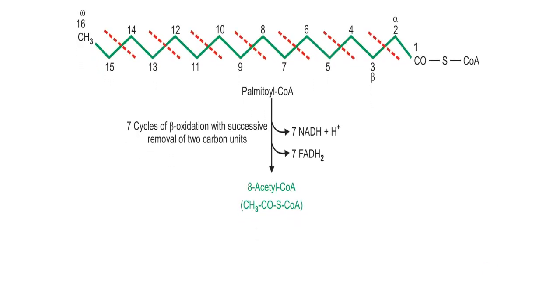For the oxidation of 16-carbon palmitic acid, we require a total of 7 cycles of beta oxidation with successive removal of 2-carbon units. At the end of these 7 cycles, there is a synthesis of 7 molecules of NADH, 7 molecules of FADH2, and 8 molecules of acetyl-CoA. These 8 molecules of acetyl-CoA will enter into the TCA cycle.